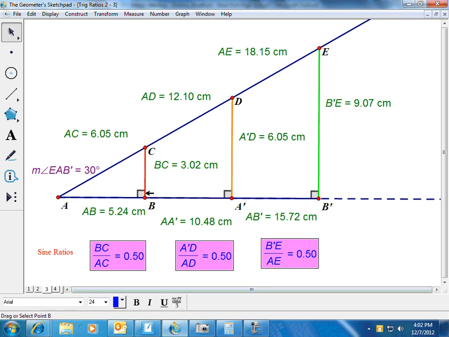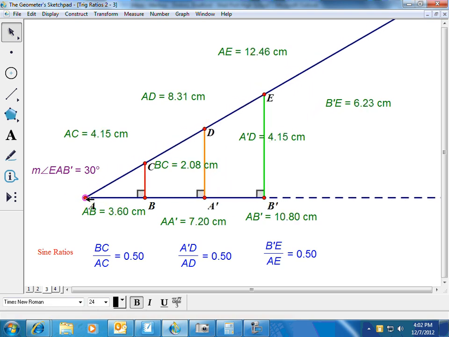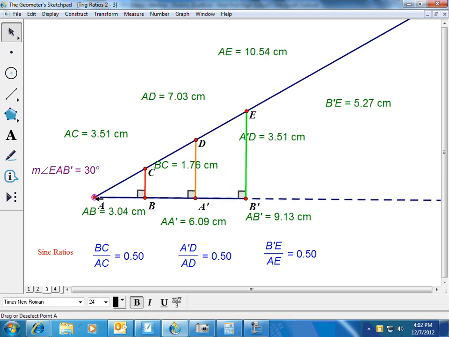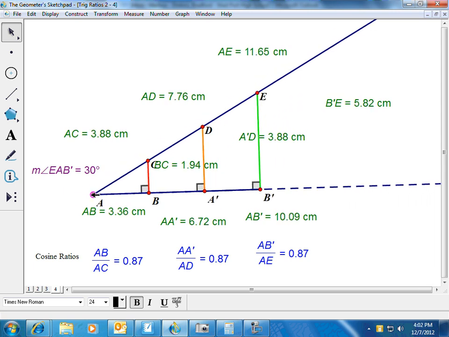Sine is opposite over hypotenuse, so for example, I've got BC over AC. Again, it doesn't matter what size the triangle is, those ratios are going to stay constant. And then there's a cosine ratio, same thing.